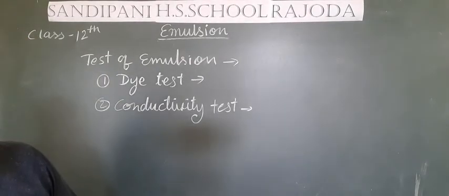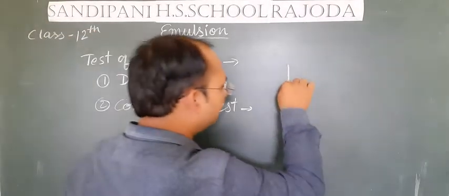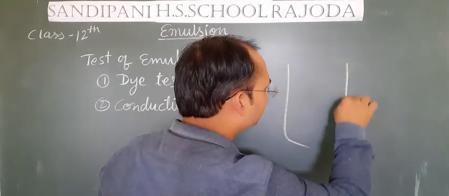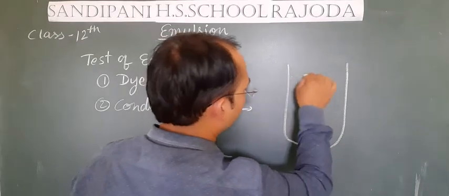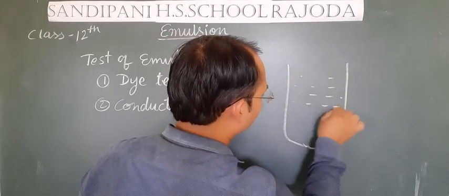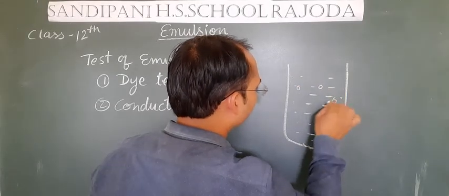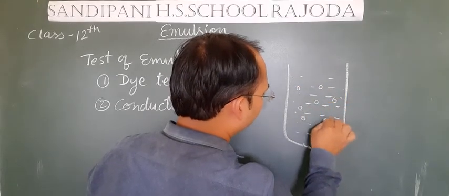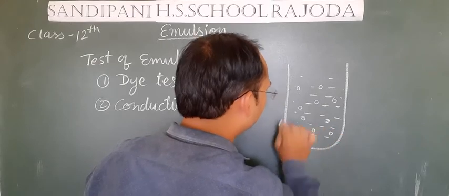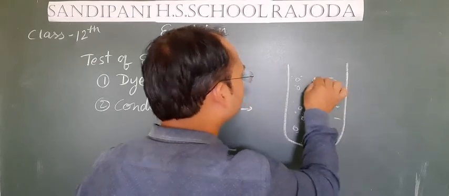In conductivity test, students, or conductance method, we add some electrolyte in emulsion. As you know students, that electrolytes are soluble in water only and not in fat.